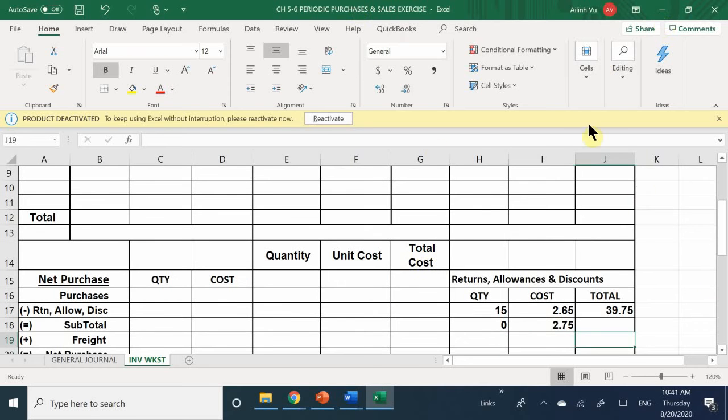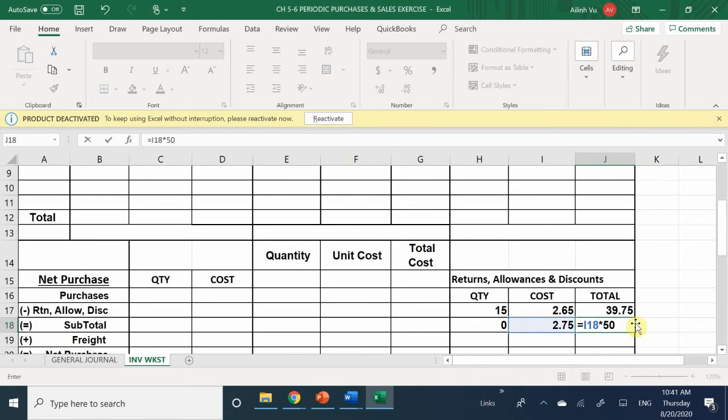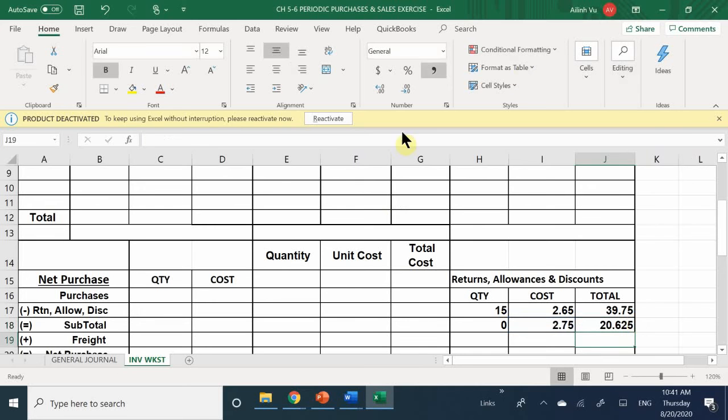And my total amount here is going to be what? The discount amount is 20.6. Right. So we're going to go ahead and calculate this amount here. 15%, and we get $20.62.